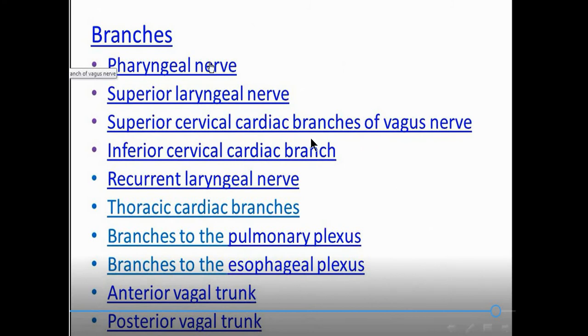The branches of the vagus nerve include the anterior vagal trunk and posterior vagal trunk, which are responsible for gastric secretion of the stomach, and the recurrent laryngeal nerve, which supplies the vocal cord and is responsible for voice.